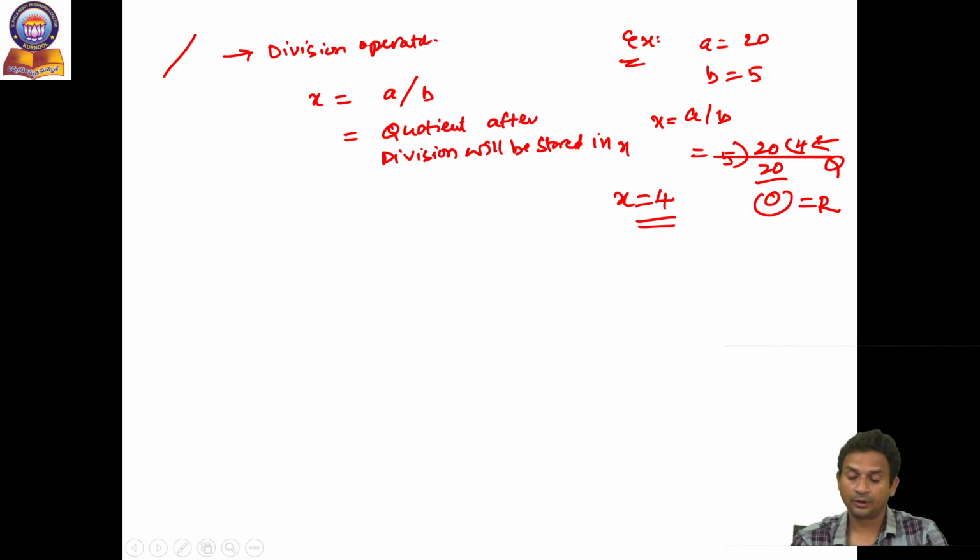So the division operator gives you the quotient as a result, and we have modulo division.